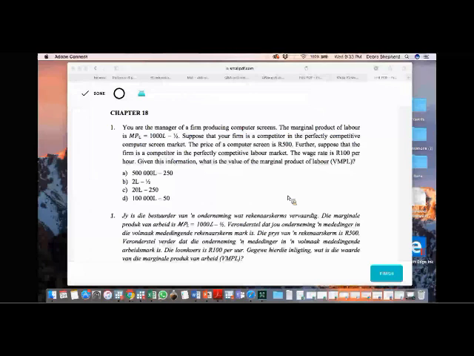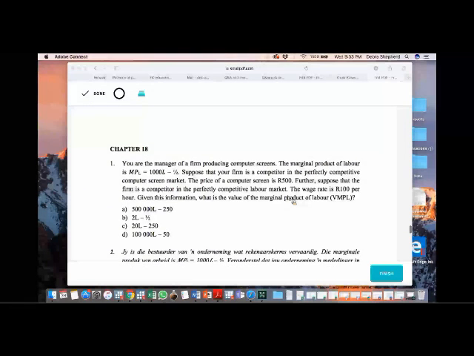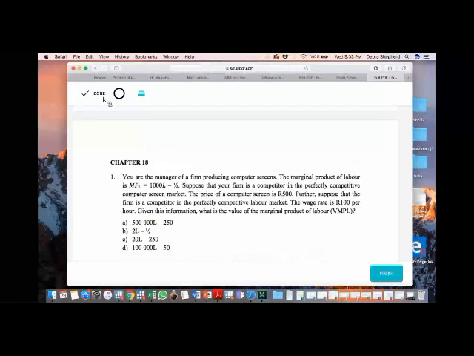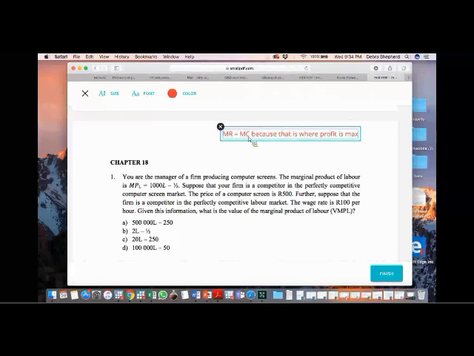So chapter 18 has to do with the firm's choice of labor. And the whole point of chapter 18 is actually very similar to chapter 11 and 12. So the whole point of the market structure stuff was to say firms will produce where MR equals MC because that is where profit is maximized. Okay.